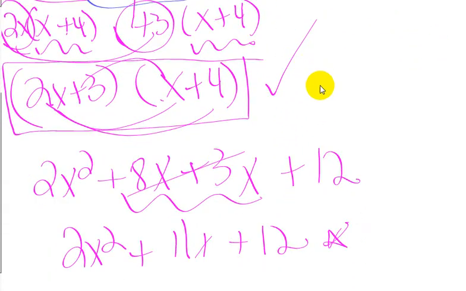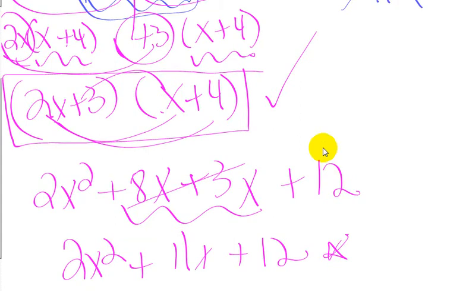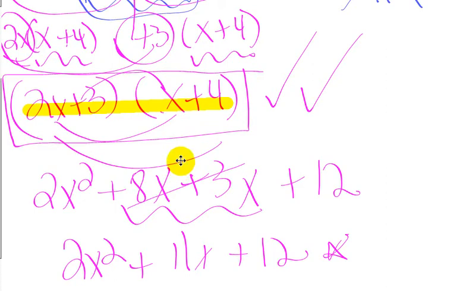Yes, it does. So our factoring is correct, and our answer is 2x plus 3 times x plus 4. All right, are there any questions? Okay. Let's look at another one.